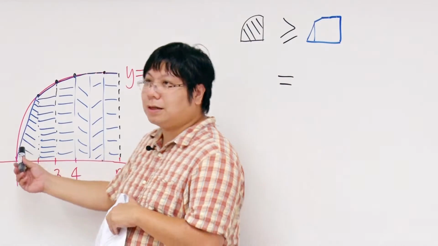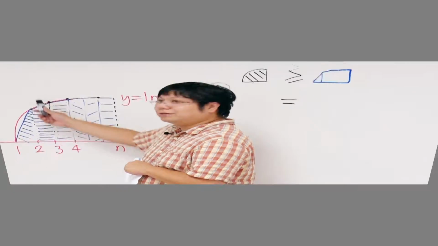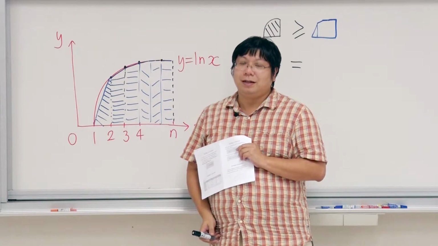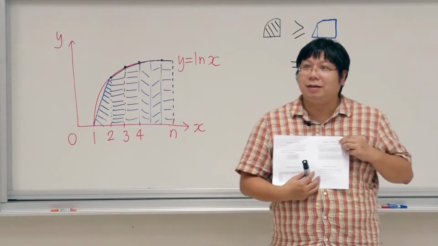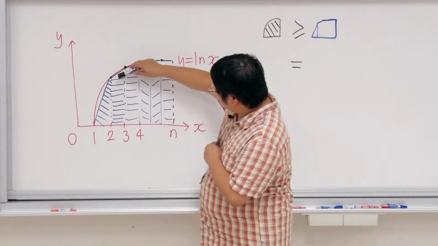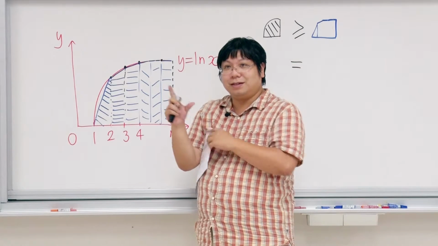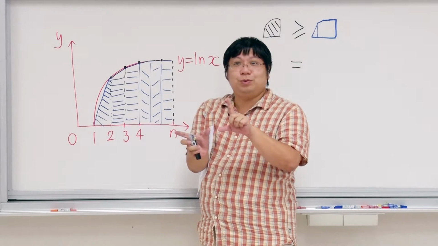What is it? This area is not that difficult. So what is the area of this triangle? So this is, let's say this is the base and this is the height, right? So what is it? It's going to be log 2 over 2, am I correct?